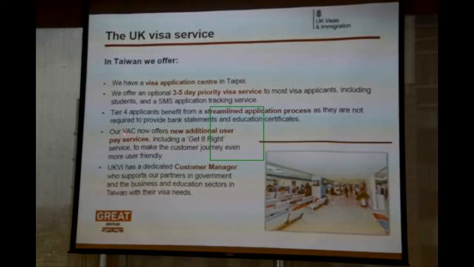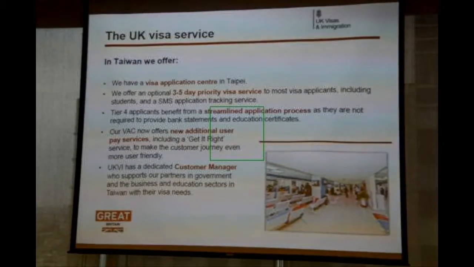The VAC, or the Visa Application Centre, now offers additional user-paid services. These are all optional. Okay, so you don't have to use them, but some customers may choose to use them. And these include what we call the Get It Right service, where people can have their documents checked at the counter. The VFS staff are not assessing them or making a decision, but they will check them to make sure that all the correct documents are there.